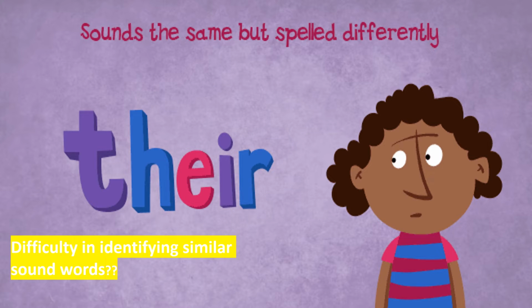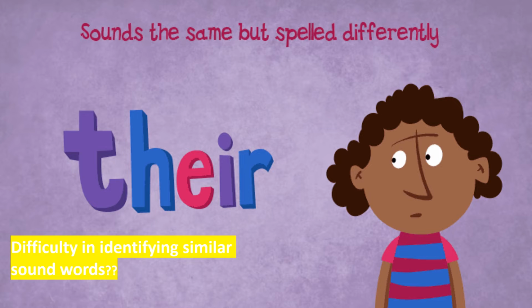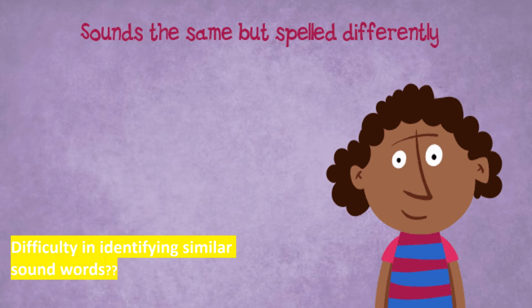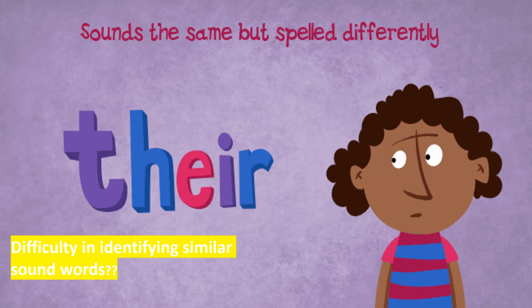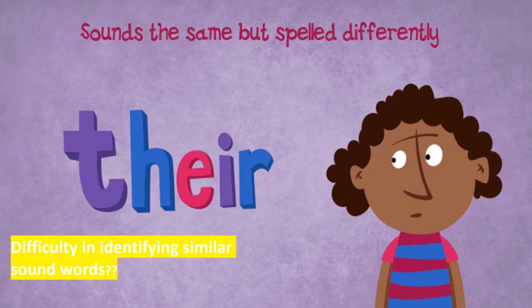A child is incapable of differentiating between the two words, although the sounds are the same, and is not able to distinguish the meaning and difference between them. So a child has difficulty identifying similar sounding words.